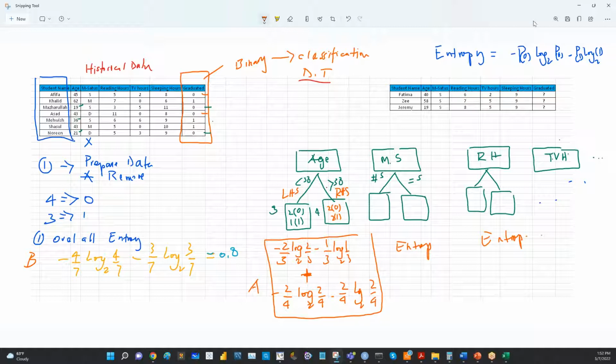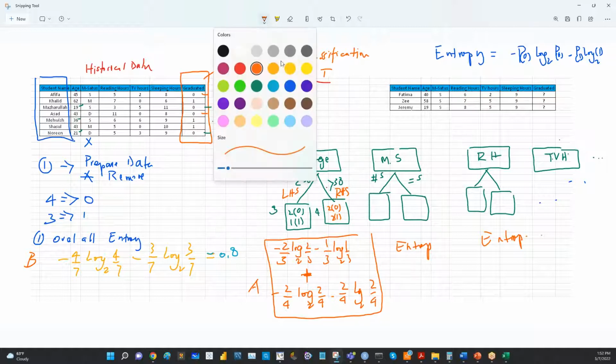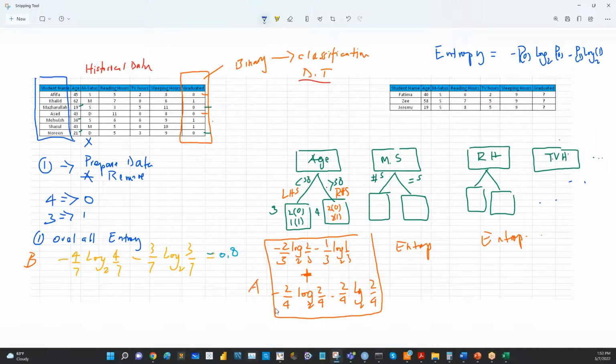Sounds good. So let's assume, because we don't have math, let's assume the entropy for splitting on age is 0.1.